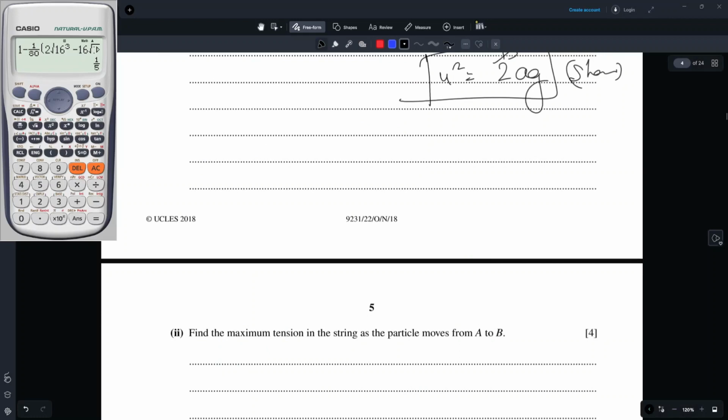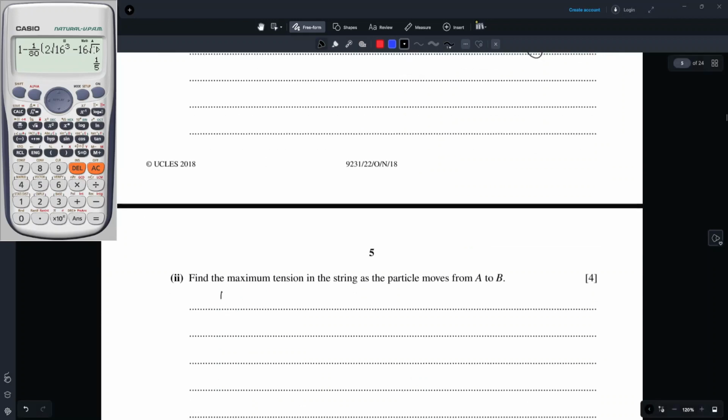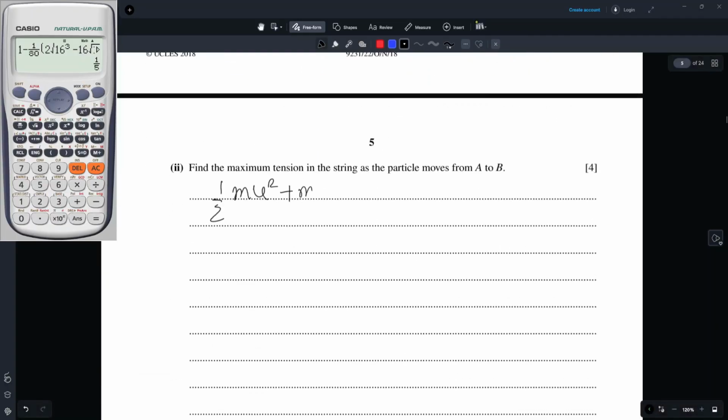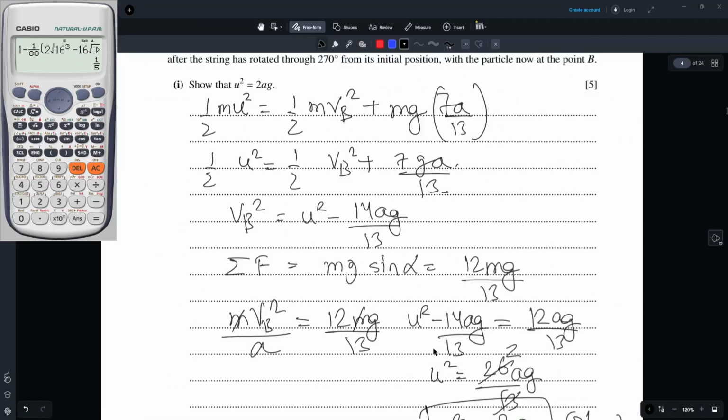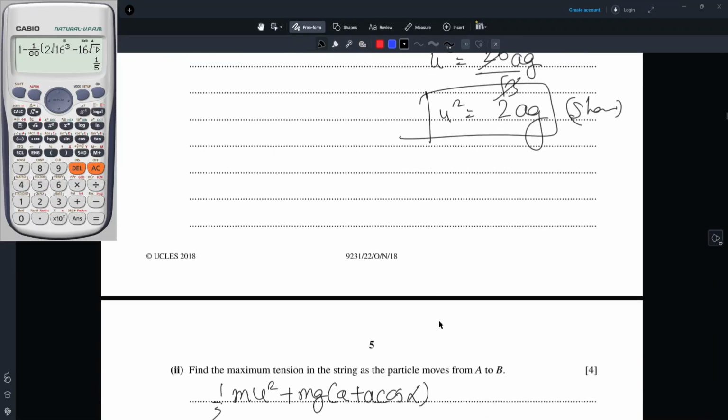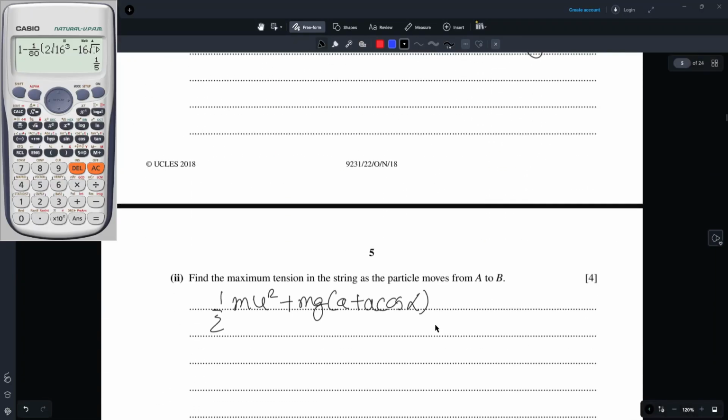So I'm first of all going to use the energy conservation equation again. So we have half mu squared plus mg times a plus a cos alpha, yeah, a cos alpha. This equals half m vc squared.